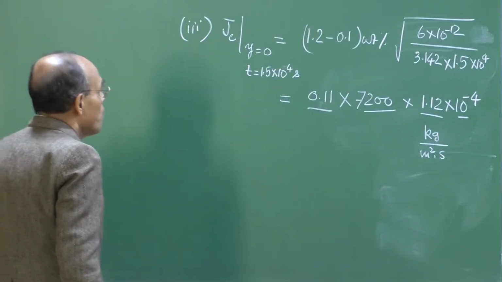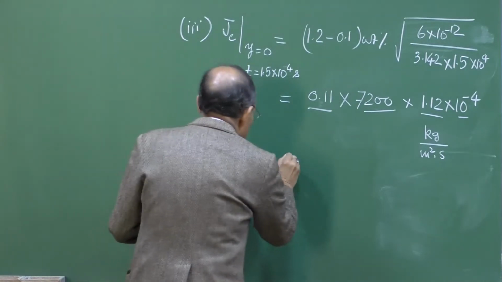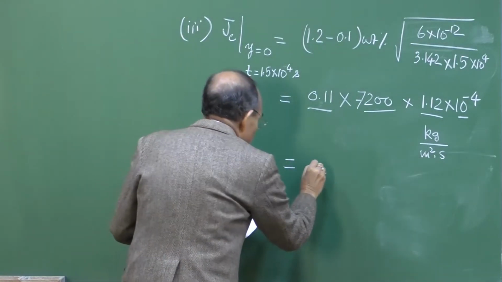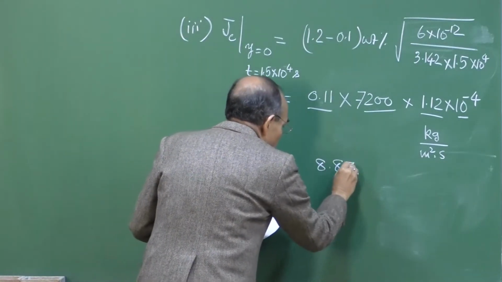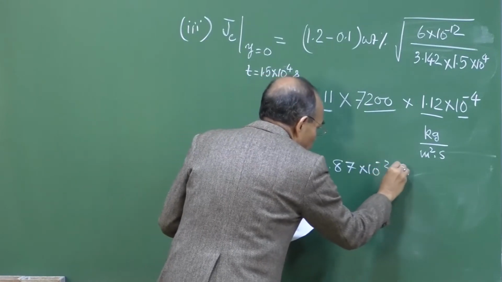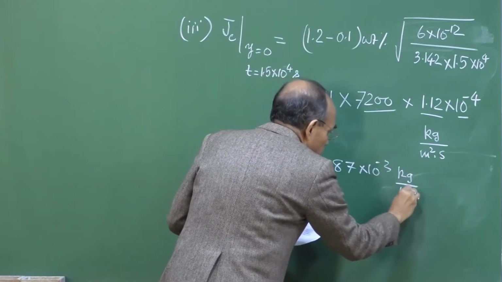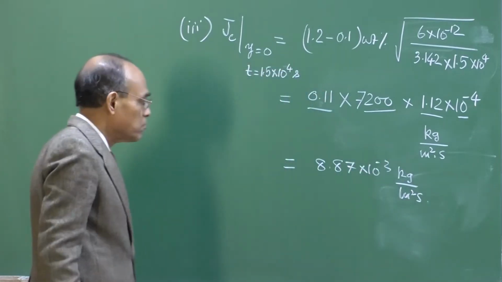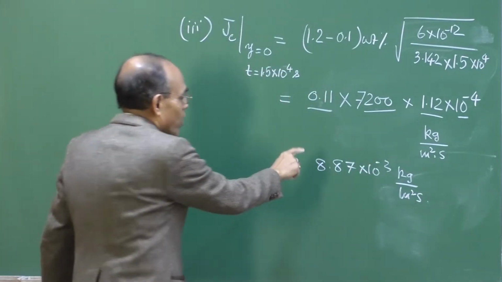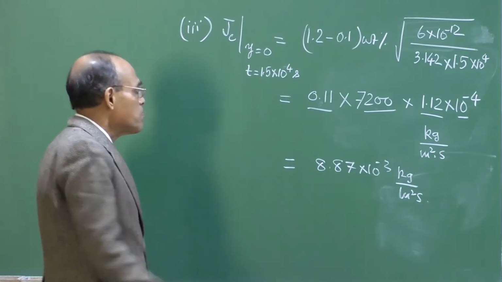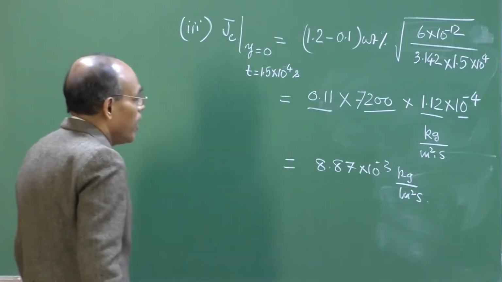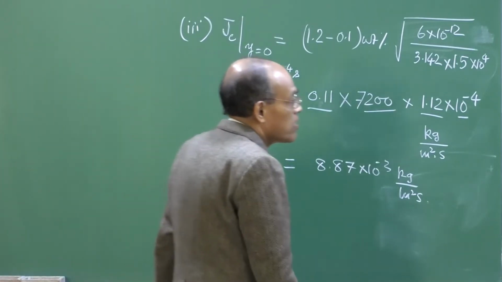If you do this calculation, then we can find out that this is nothing but 8.87 into 10 to the power minus 3 kg per meter square second. You should be able to now convert it to kg moles of carbon by dividing simply with 12, and that should give you the instantaneous flux.